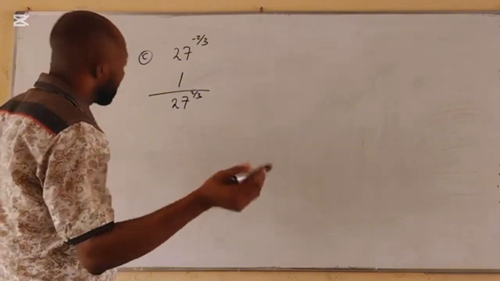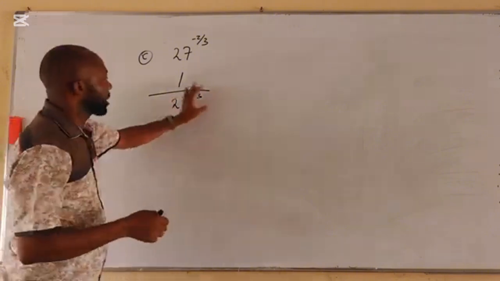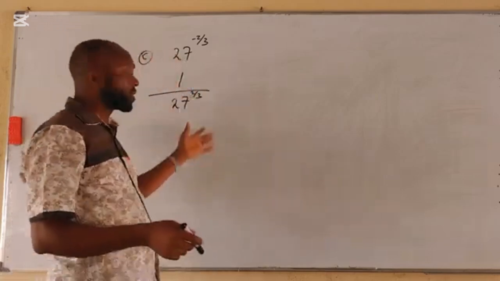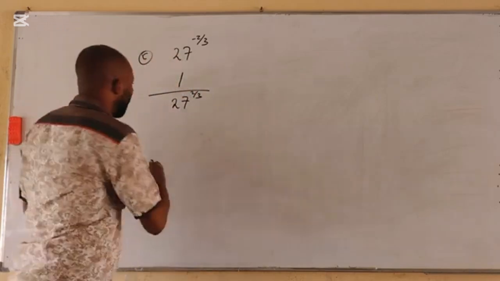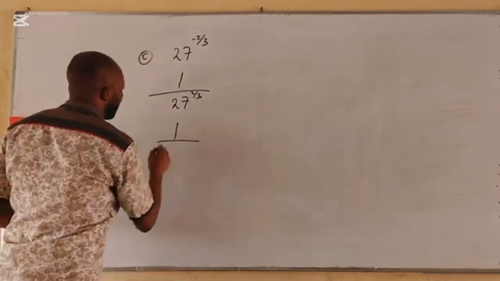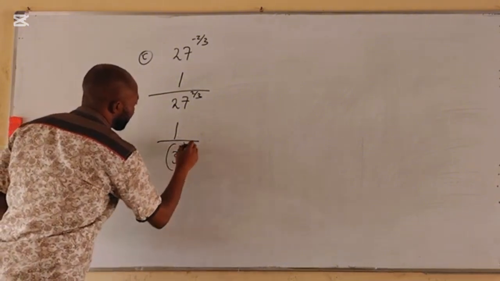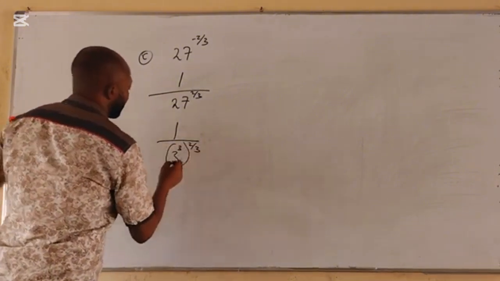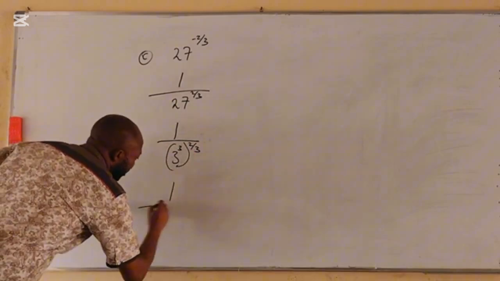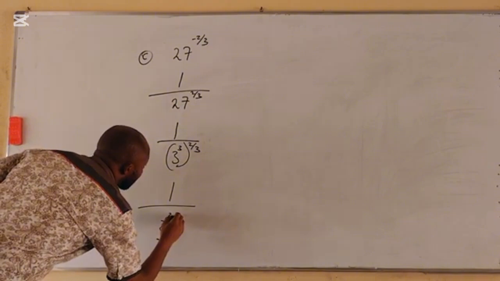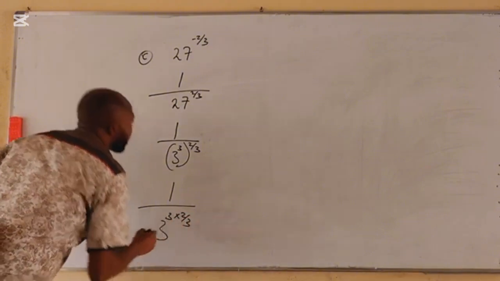Okay, I know, I can apply my powers law. 3 raised to the power 3 is 27. So I can now have 1 over 3 raised to the power 3, which is 27, all raised to the power 2 over 3. I now have 1 over 3 raised to the power 3 times 2 over 3.